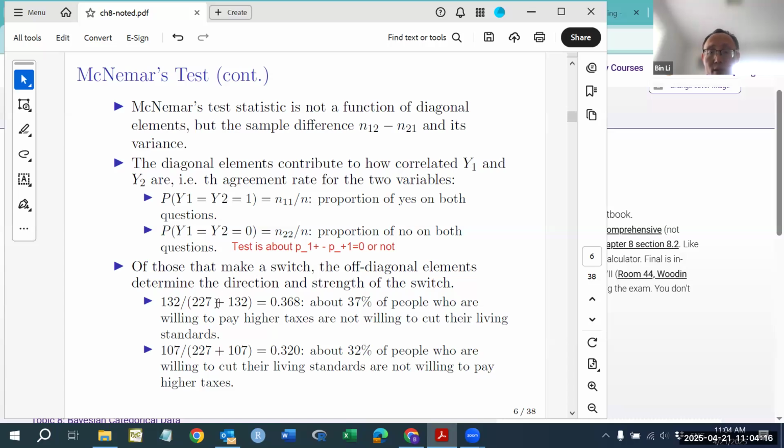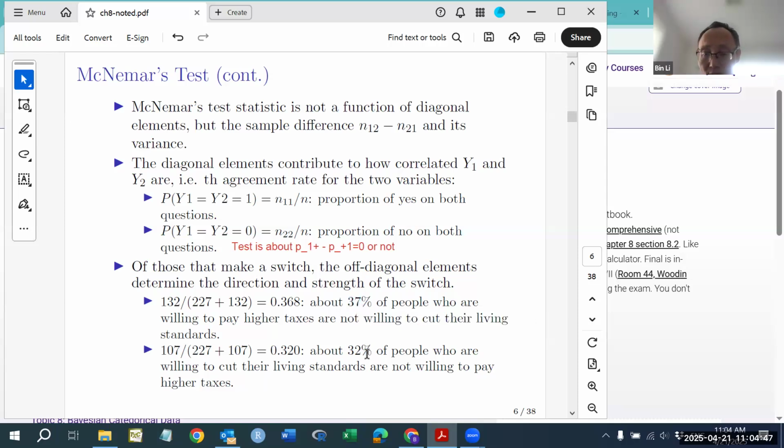Okay, so here in this environment survey study, you can see the switching proportion is 37% of those who are willing to pay higher tax but are not willing to cut their living standard. So the switching proportion is 37% from yes in the first question to no in the second.